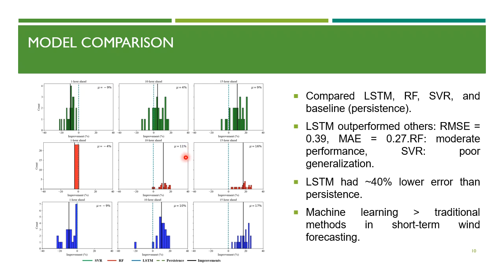The LSTM model, when this value is rounded to the nearest percentage, is roughly almost the same as this, and also a slight improvement by the LSTM over the random forest, but an overall improvement against the persistence model, about 17% improvement in terms of the algorithm's ability to predict wind speed.